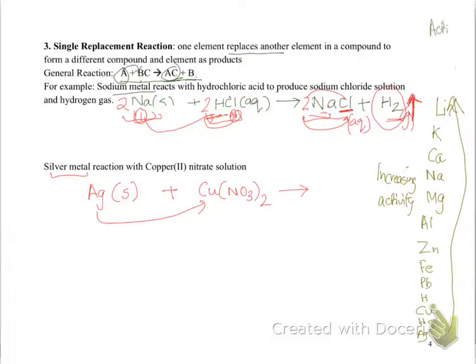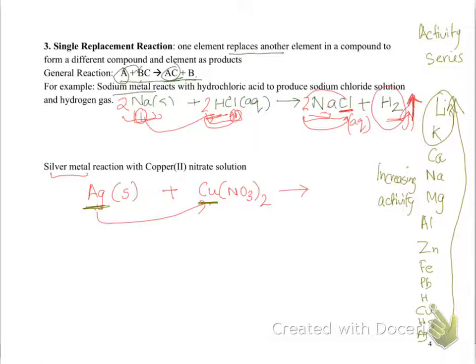This activity series tells you about the reactivity of the metals. For example, if you look at lithium and potassium, lithium is above potassium. That means lithium is more reactive than potassium. So here silver is replacing copper, and silver can replace copper only if silver is more reactive than copper.